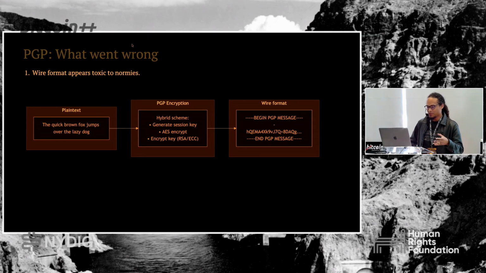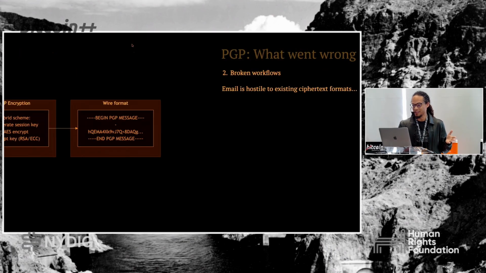So typically what happens is you have some plain text that you're typing, it goes through the PGP pipeline, and then out pops this ASCII armored base 64 data. And to a computer scientist, this makes a whole lot of sense.